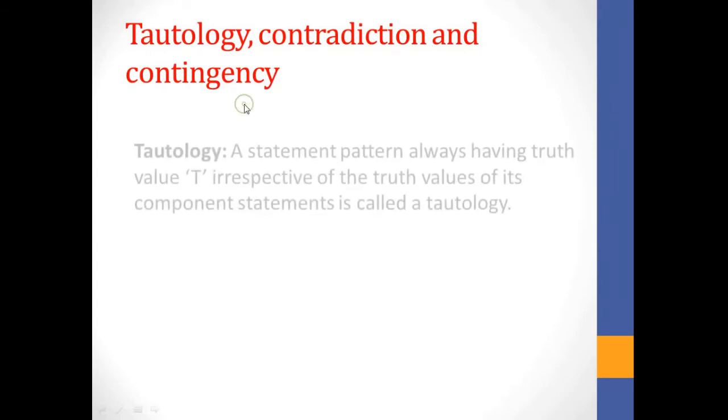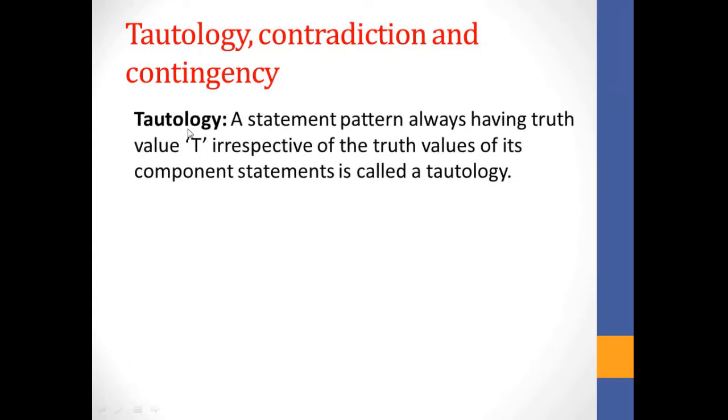Okay, so now let us discuss about the types of statement patterns, that is tautology, contradiction and contingency. Okay, now what is the meaning of tautology? See here, a statement pattern always having truth value T irrespective of the truth values of its component statements is called a tautology.